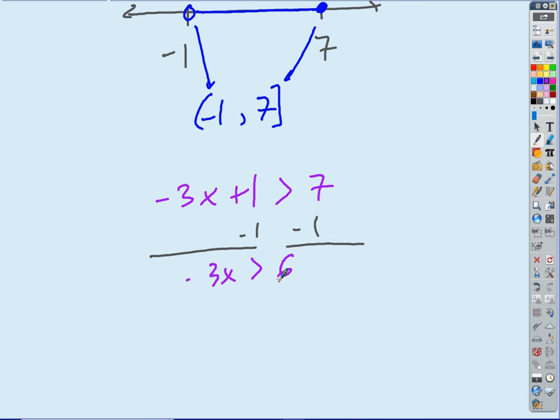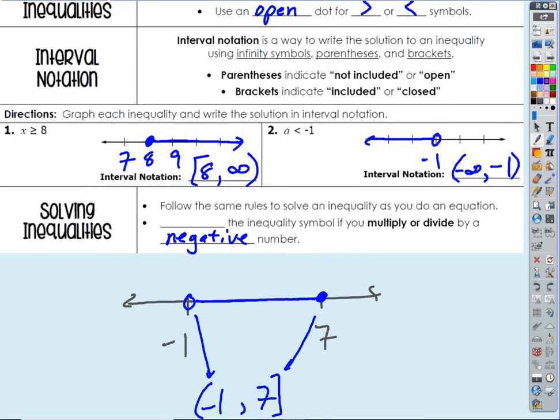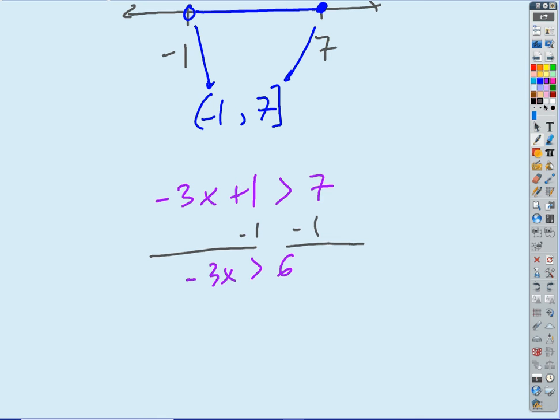Now what? Divide by -3. Okay, so if I divide each side by -3, what happens if I divide each side by a negative? Do you remember? Something really important happens. It's going to cancel the -3's.